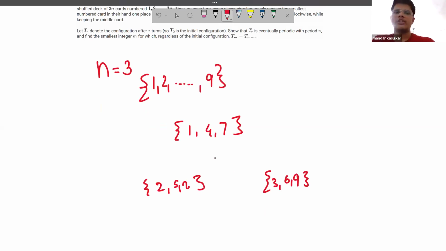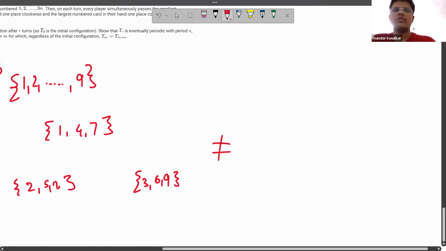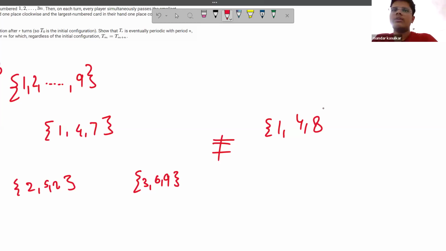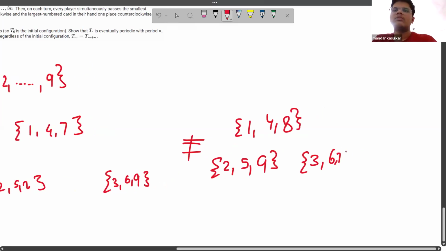This is one configuration. And this configuration is not the same as 1, 4, 8, 2, 5, 9, and 3, 6, 7.